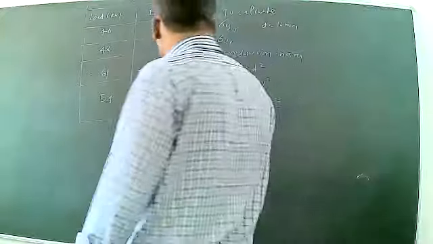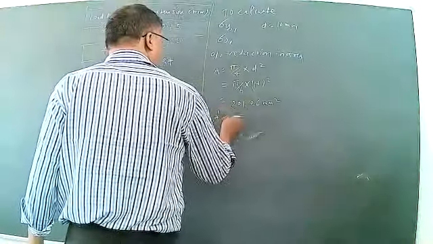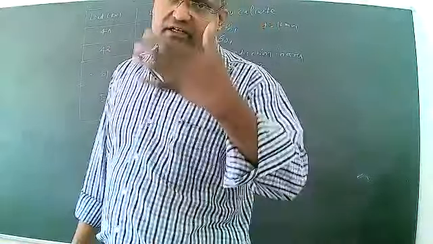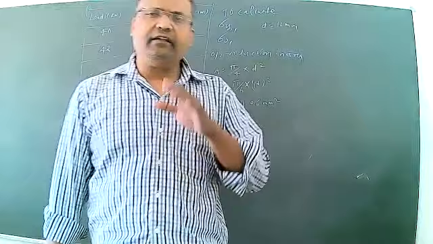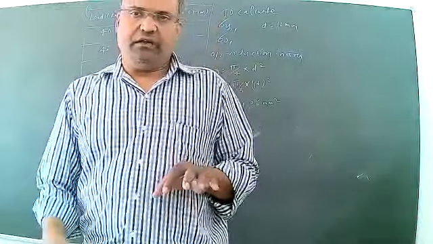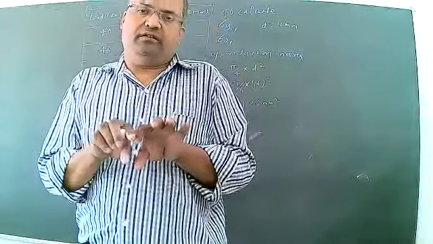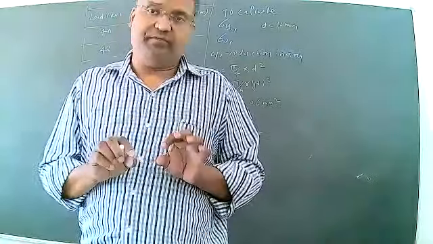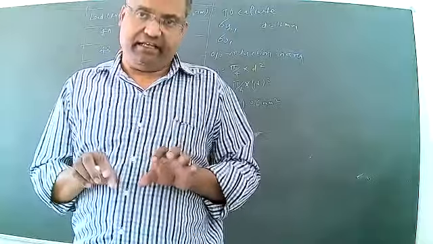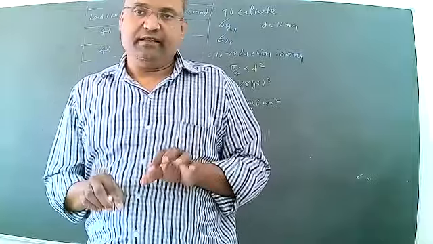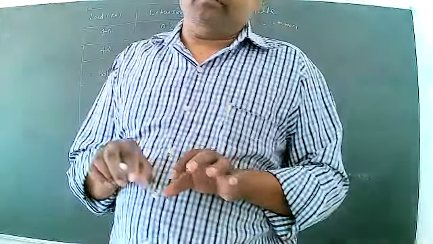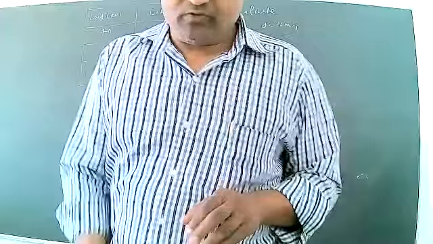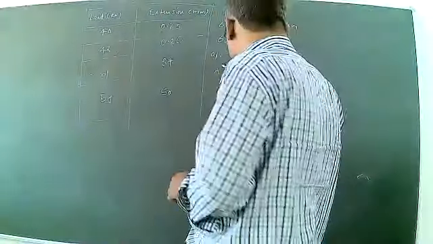Then area of neck. Neck area means if the load increases further and further, at the end stage the cross-sectional area of the specimen looks like a neck, and that changed area of the specimen is represented by A dash. Okay, area of neck.